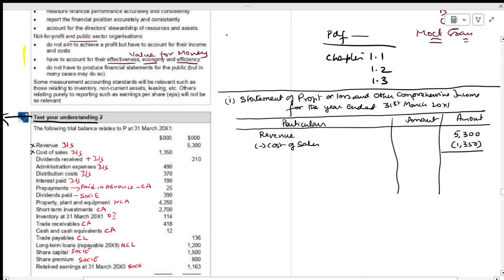Hussein, it is your responsibility to tell the total. 3,950. This is called gross profit. Don't write gross margin.